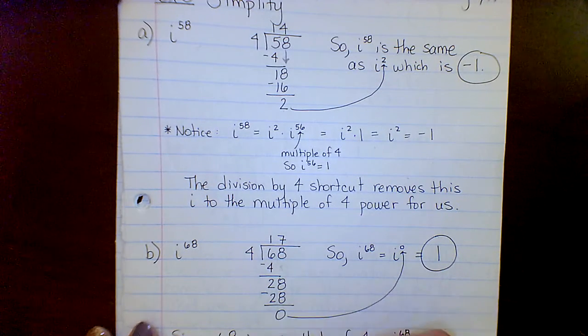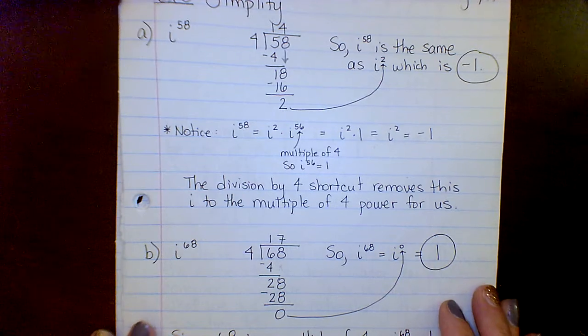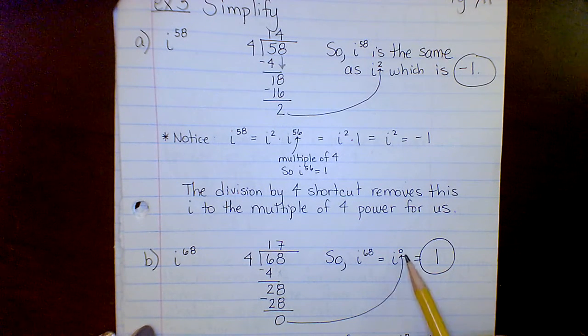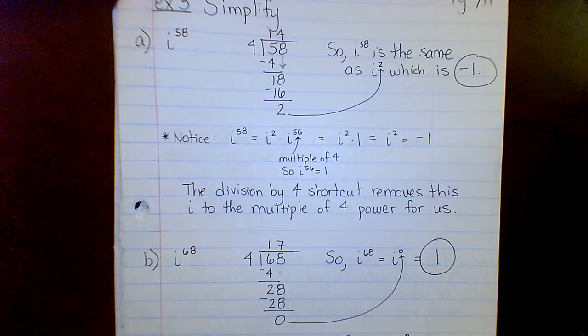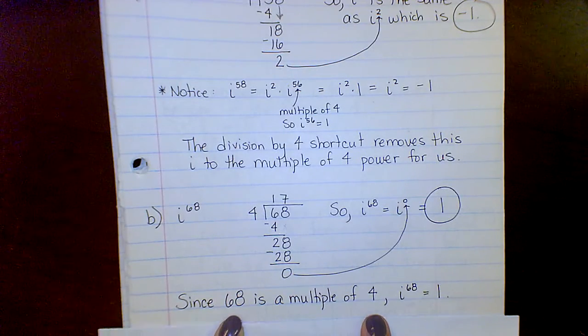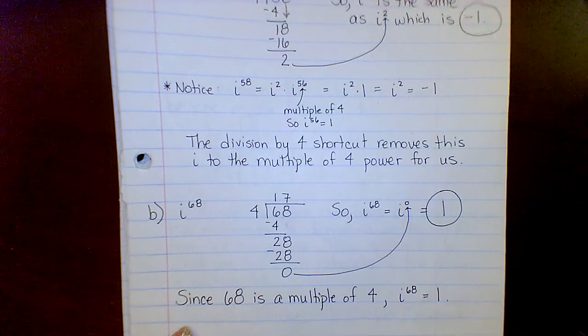I ended up with 17 and a remainder of 0. i to the 0 power is just 1. Remember that exponent rule that anything non-zero to the 0 power is 1? The reason it's 1 is because 68 is a multiple of 4. So i to the 68th power is the same thing as 1.